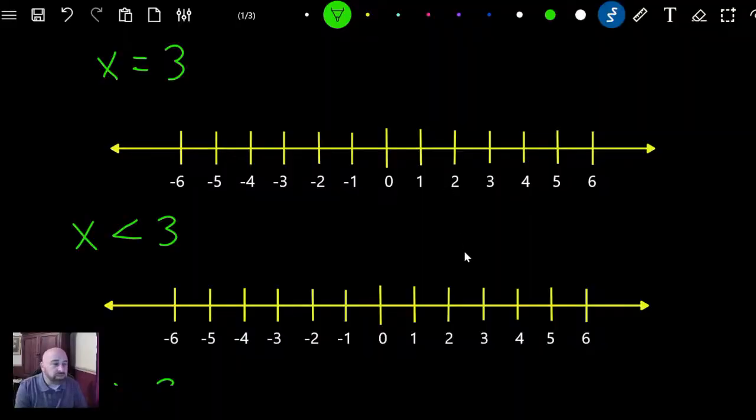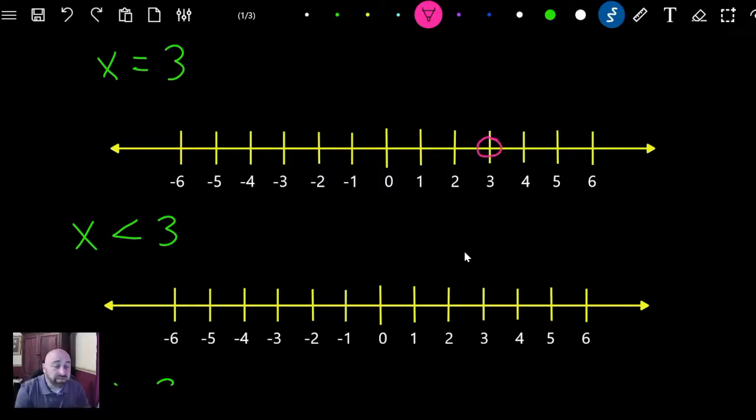The first one up here at the top that I want to show you is x equals 3. Again, that's something that we've been getting. This is an equality, right? That's equal to. So on a line graph, if you want to say x is equal to 3, you would come over here to the number 3 and put a circle on the number 3.